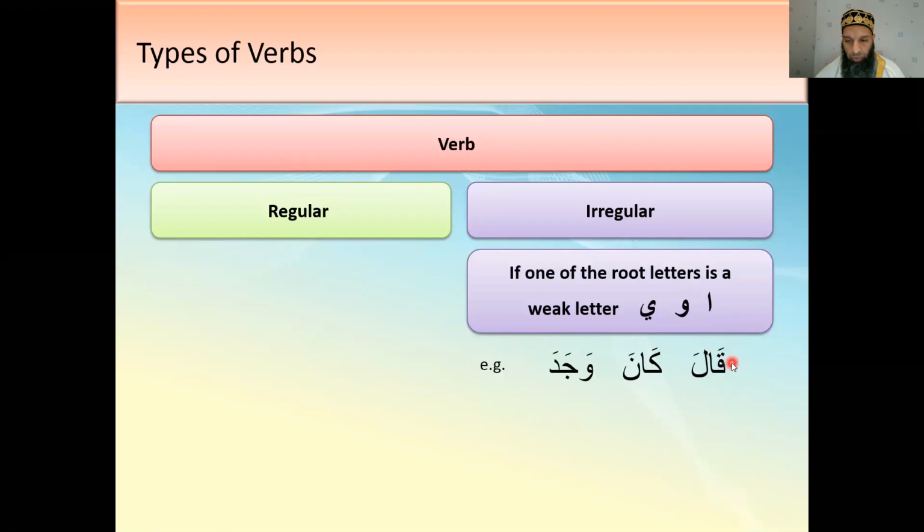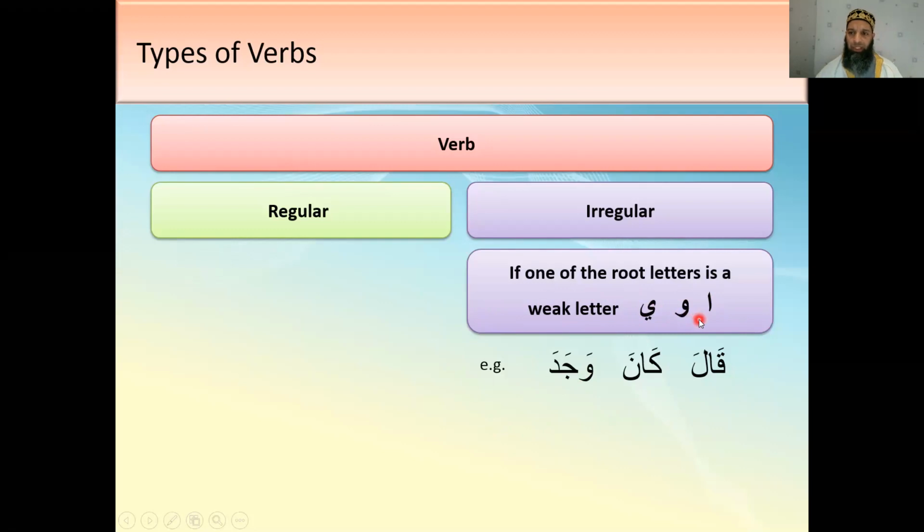But anyway, don't worry about that yet. So qala is weak because it's got a waw in the middle. Originally it has, but you've seen the alif there, don't worry about it. Kana is weak, it's got alif there. Wajada is weak because it's got a waw there. So these are examples of weak verbs because they contain a weak letter.